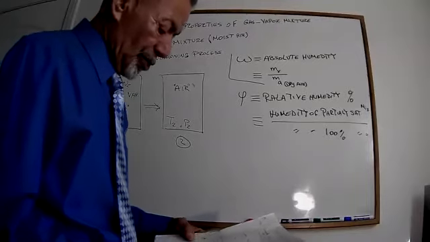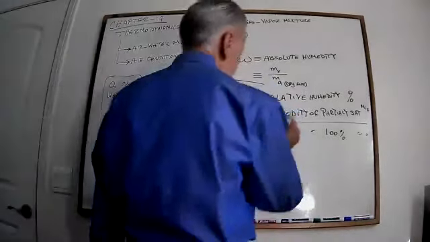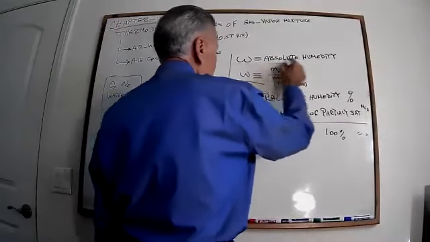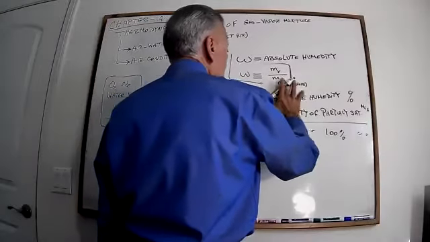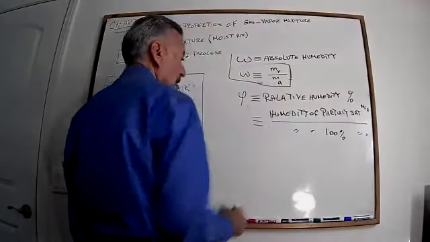Now, if you want to look at it like this equation, this is the equation, and M of A is the dry air.